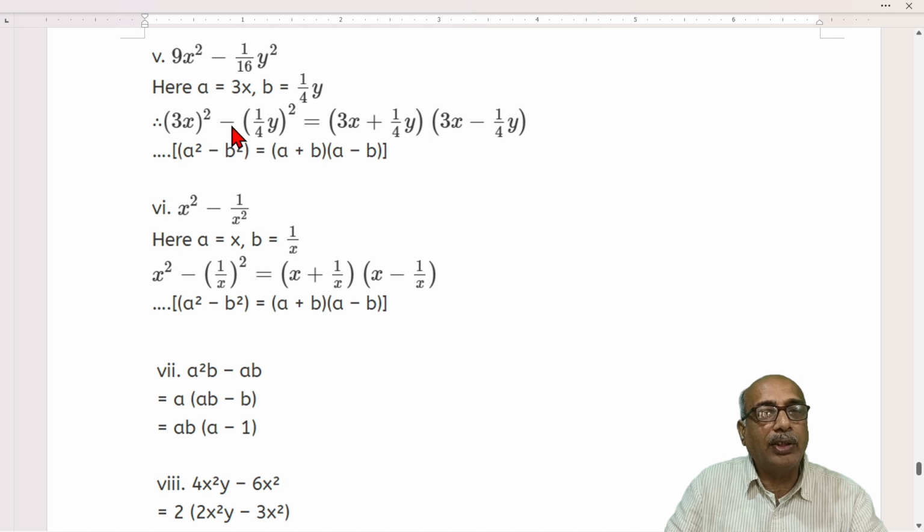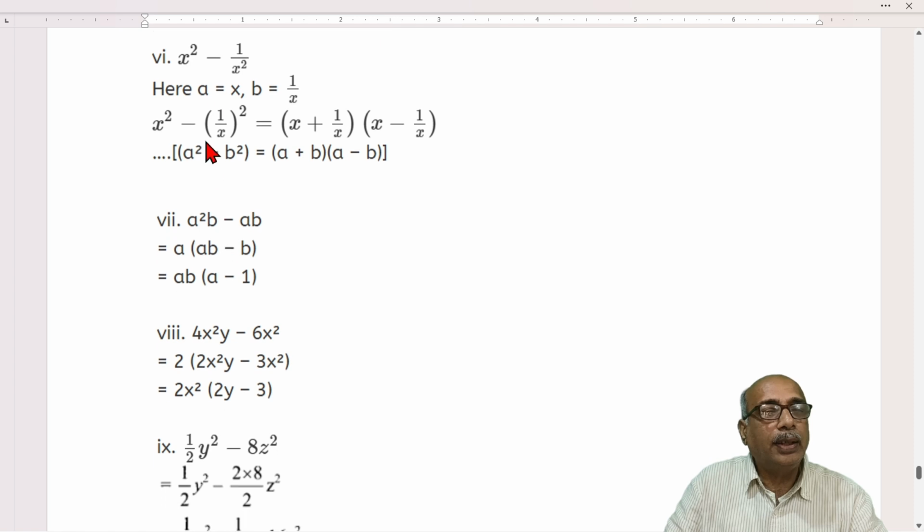Expansion of 3x whole square minus 1 by 4y whole square equals 3x plus 1 by 4y into 3x minus 1 by 4y. Next, x square minus 1 by x square. Here a equals x, b equals 1 by x. By expansion formula, x square minus 1 by x whole square equals x plus 1 by x into another bracket x minus 1 by x.